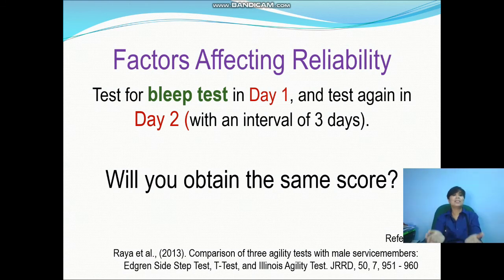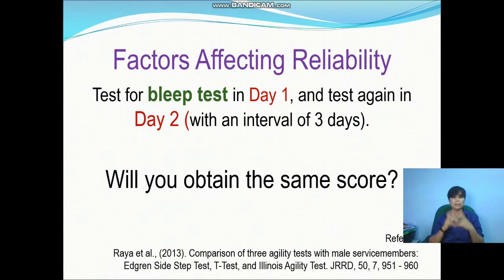That is consistency. If, for example, on day 1 they produce a blip test of 15 and on day 2 it is 10, that's too obvious. What happened? Even with a 3-day gap, that's not a long gap, and the interval should not be too high. This is proven by a study done by Raya 2015. You can refer to what the article is doing.